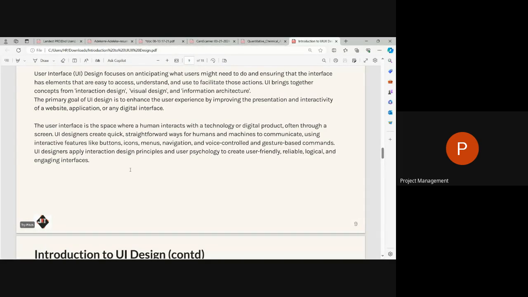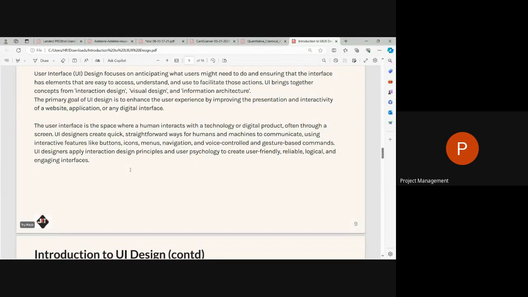As a UI designer, you also have to enhance user experience because you are dealing with users, but you do it in the way you present your solutions, in the way you design your elements and your interface. That is how you enhance user experience positively.